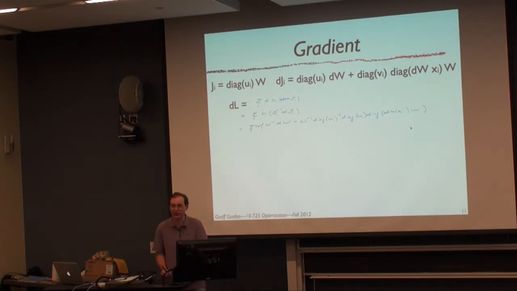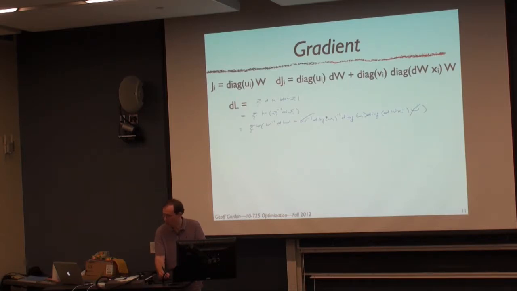I copied all of that out, right? Okay, so now I can use trace rotation to move this W inverse over to this end, right? So this just cancels with that. So that's nice.